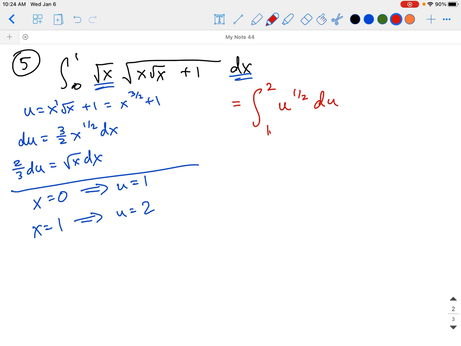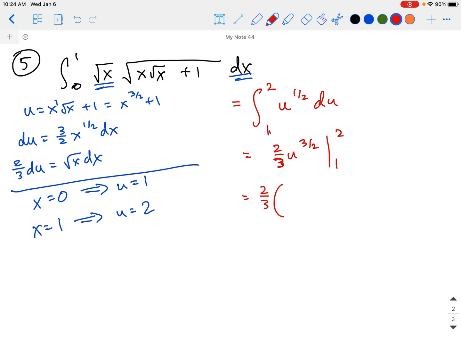So this nested expression, which looks pretty ugly to try and evaluate by itself, actually turns out to be pretty simple. And so what we're going to end up with is 2/3 u to the 3/2 from 1 to 2. So we'll get 2/3.